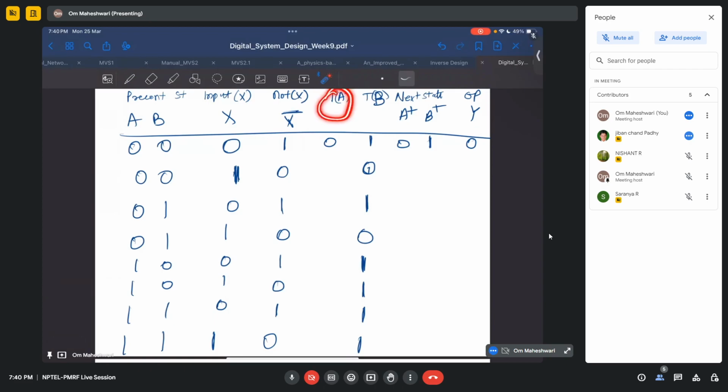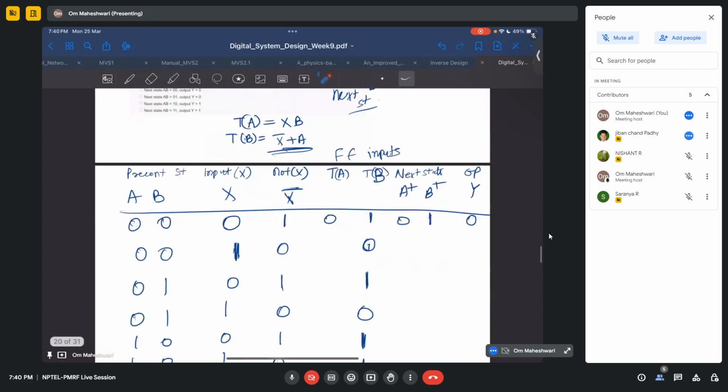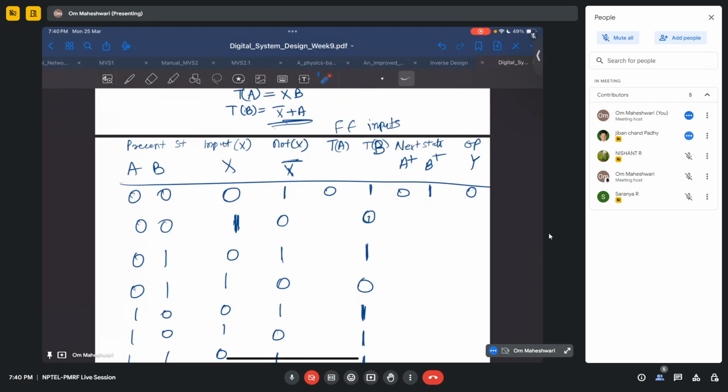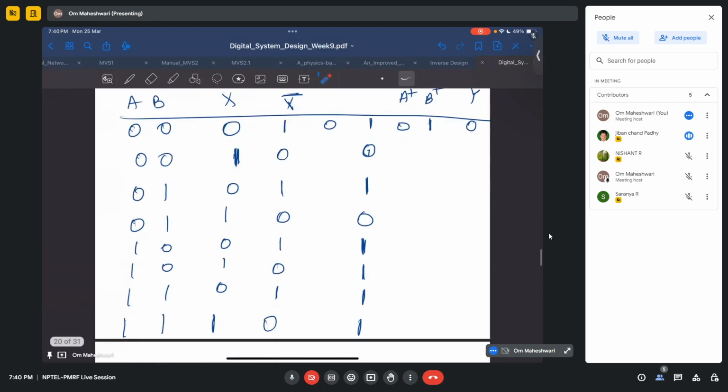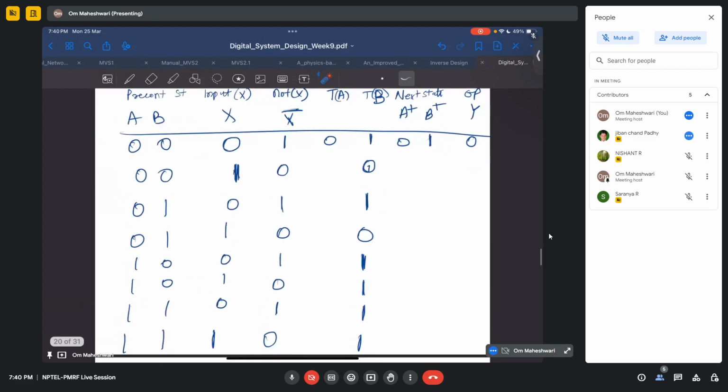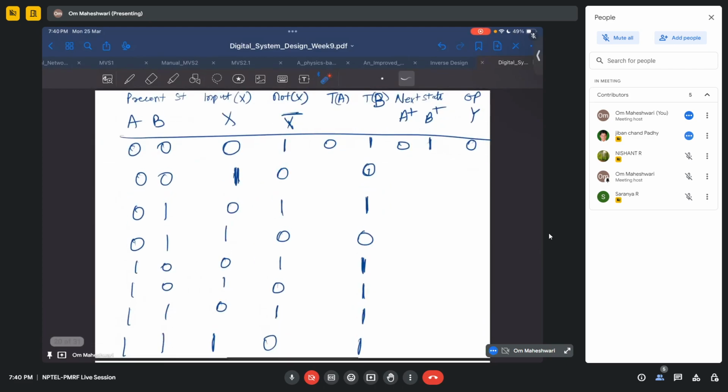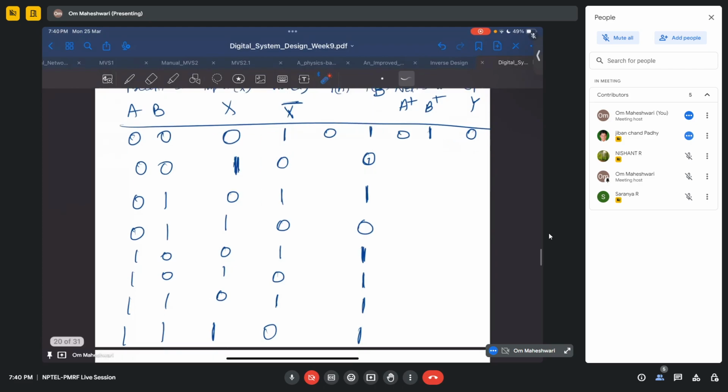सो क्या TA निकाल रहे हैं? TB is completed. X bar is, which one is wrong? This is X bar plus A, this is X into B. Why output always 1?